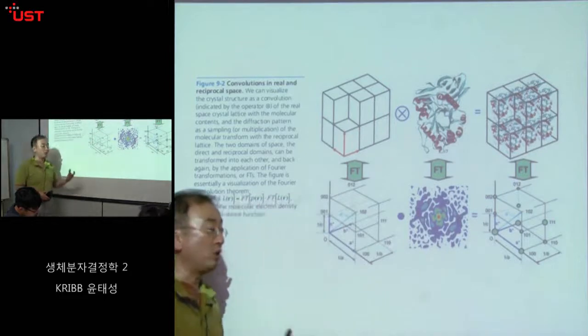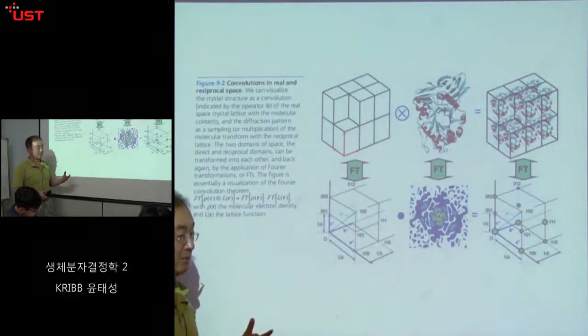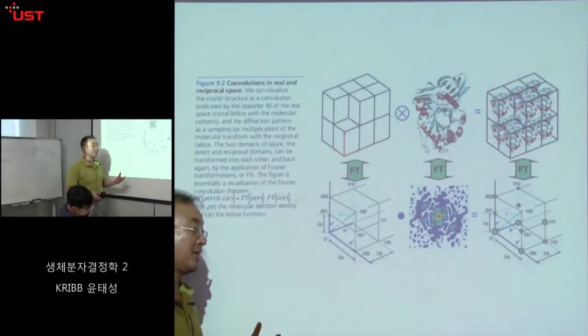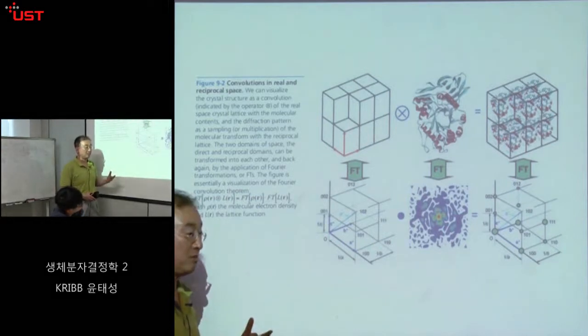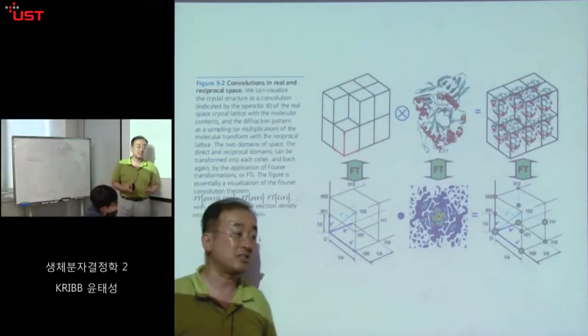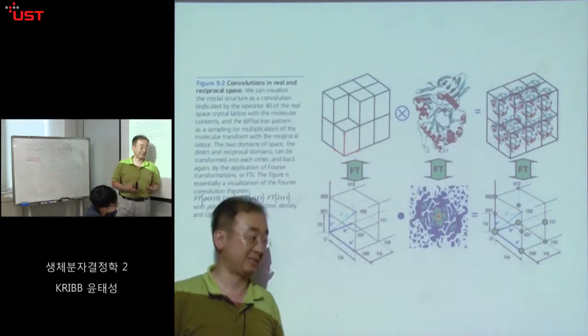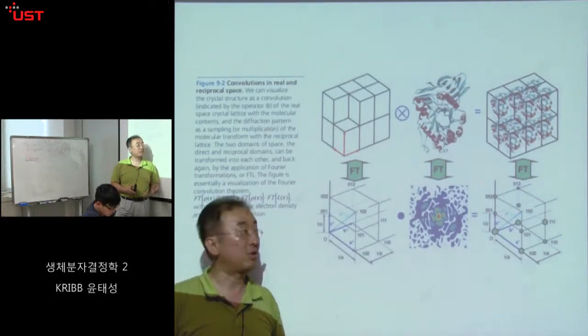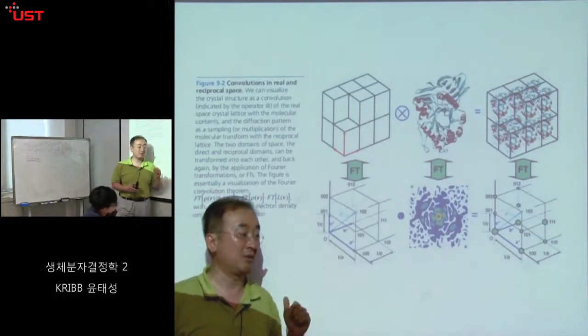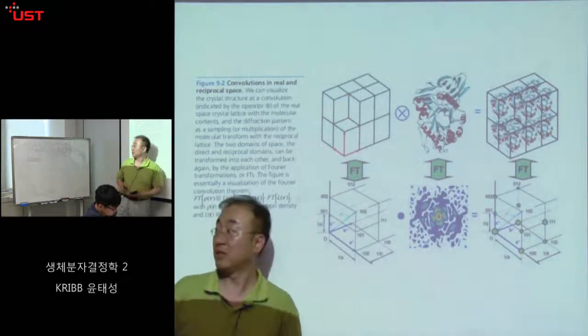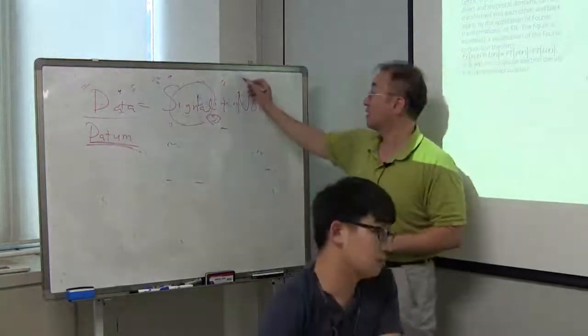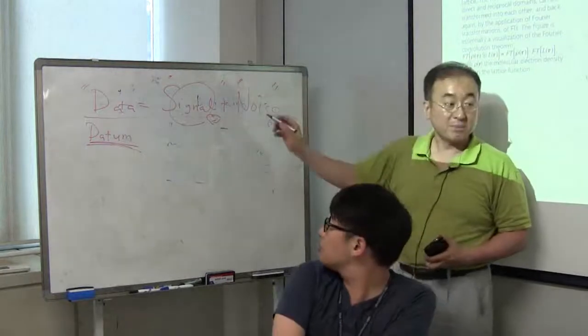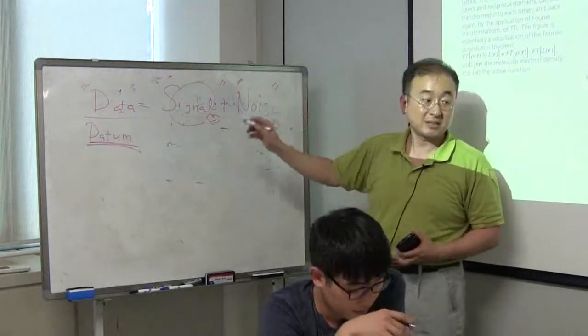That is the power of Fourier transform in signal processing and Fourier transform in crystallography. So our structure determination is very robust based on this kind of mathematical or computational power to suppress noise. We are suppressing noise in frequency domain.